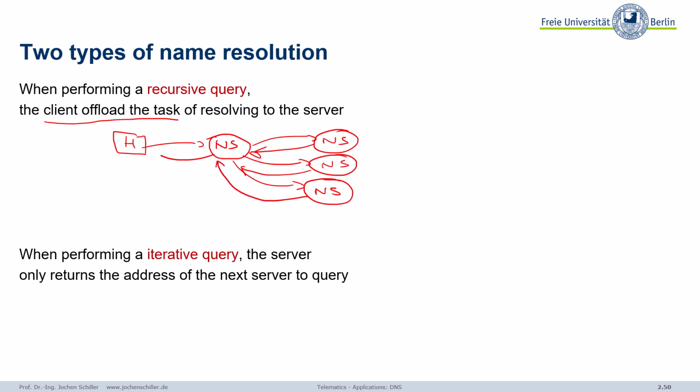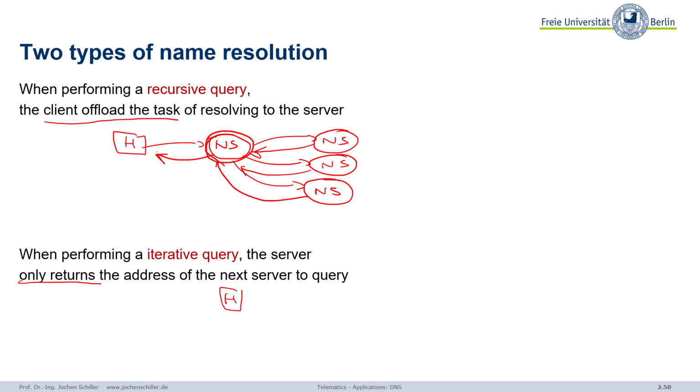And then this finally gives the answer, and the answer is returned. That's a recursive query, and the host doesn't care. The job is on the name server here. That's offloading.